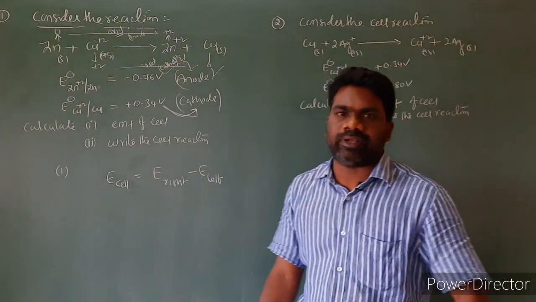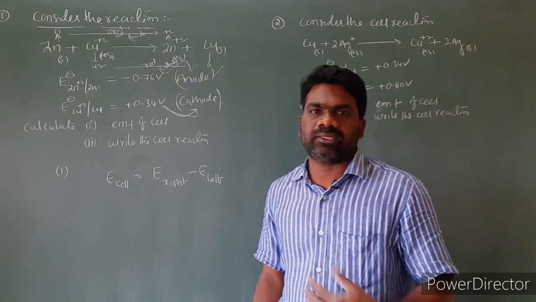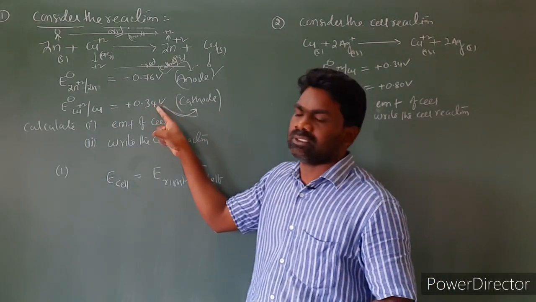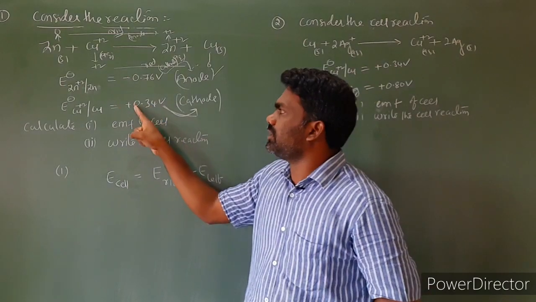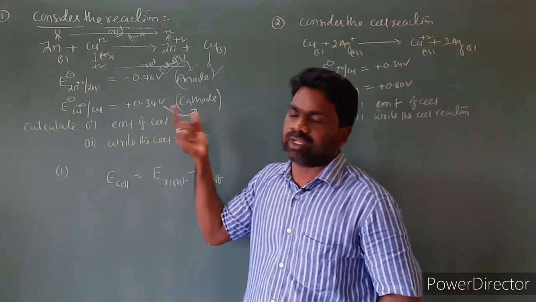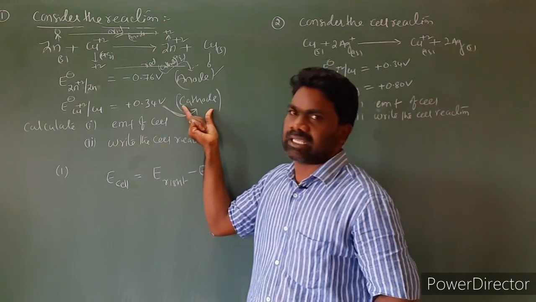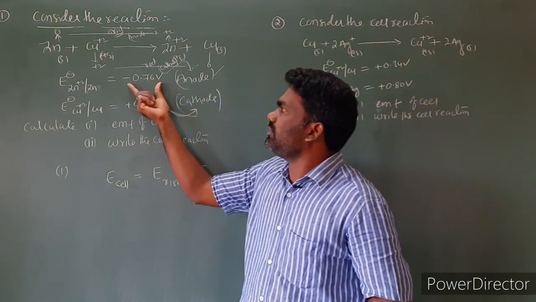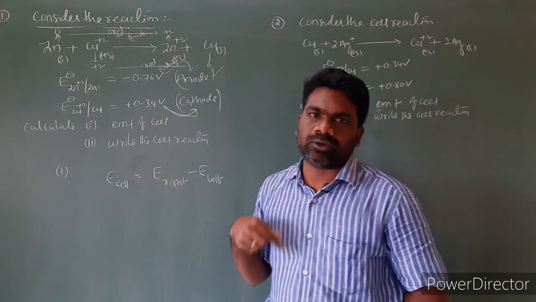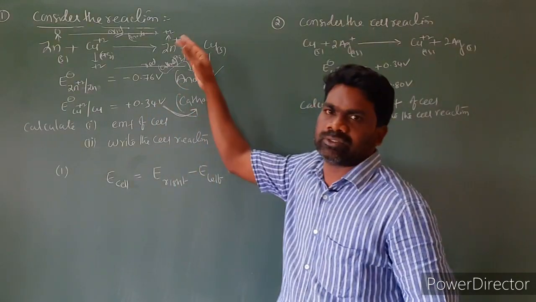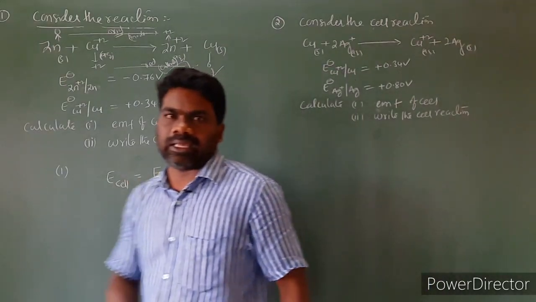This is the simplest way to identify which is anode and which is cathode. The electrode with the highest standard electrode potential is the cathode, and the one with the lowest standard reduction potential is the anode.